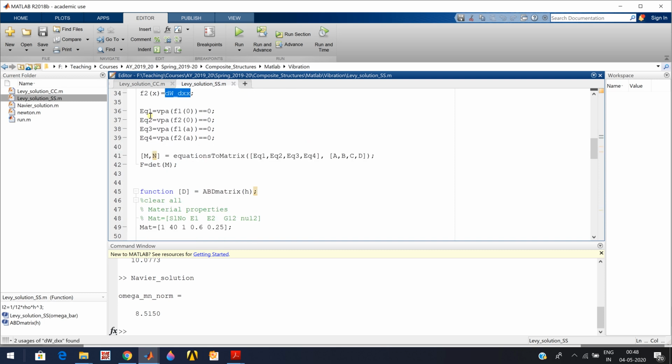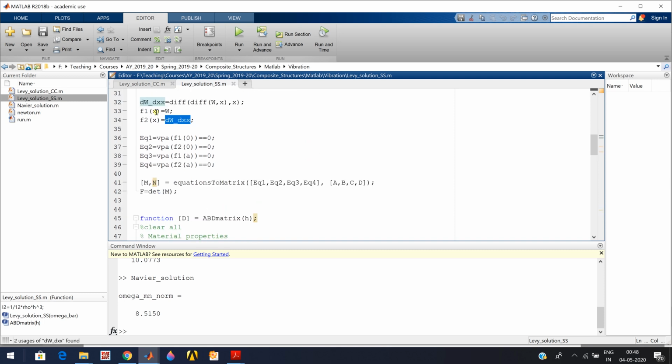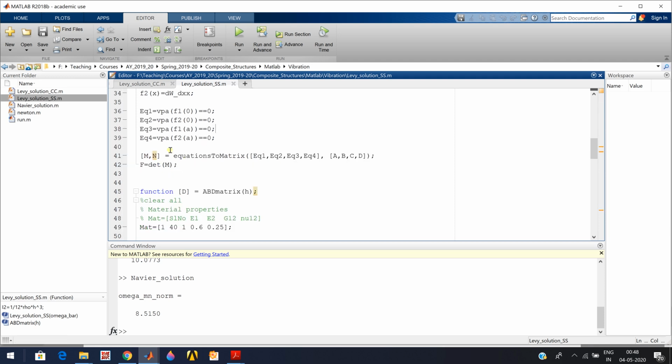And if we put these boundary conditions, these two things will be 0 at both x equal to 0 and a. So 0 first two and a second two, so you will get 4 equations. Then you arrange them in a matrix, and the determinant of that matrix will be 0.